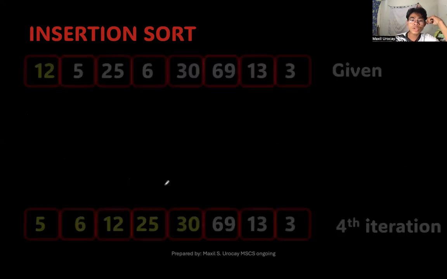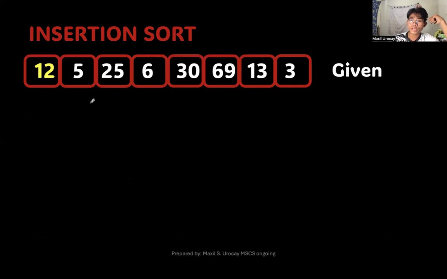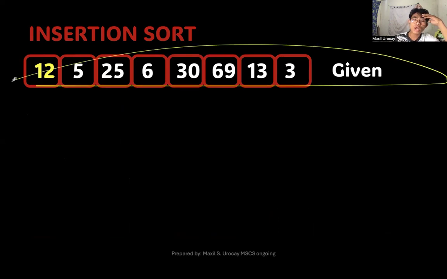Now, let's figure this out with an example array. We have 12, 5, 25, 6, 30, 69, 13, 3.